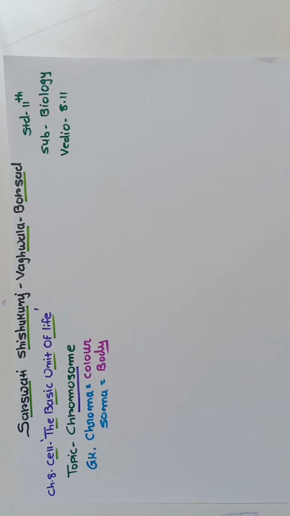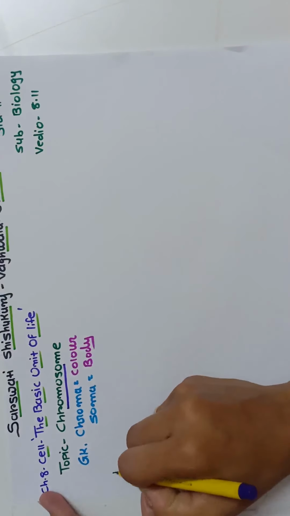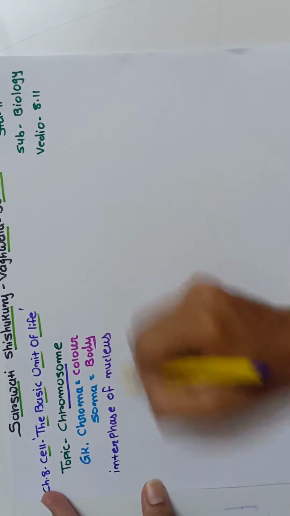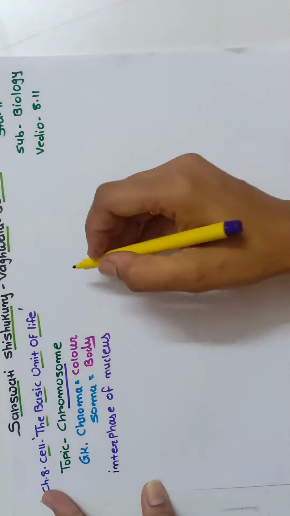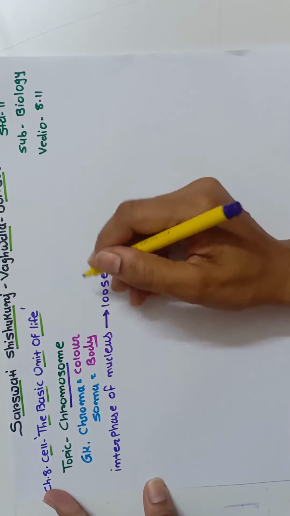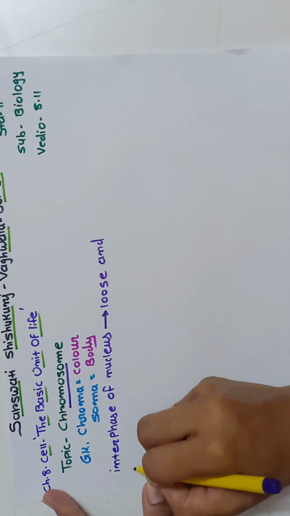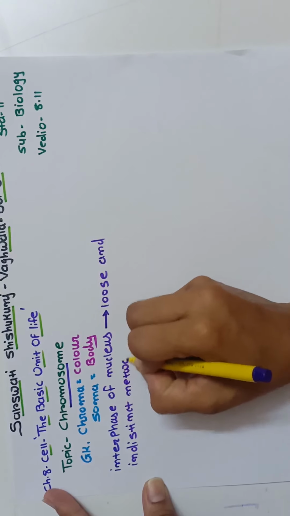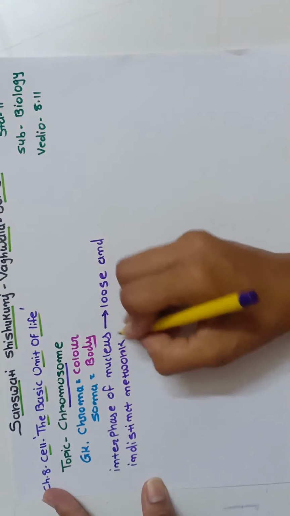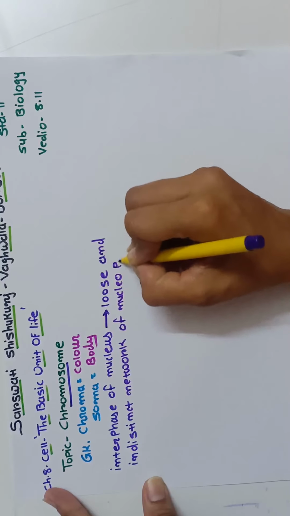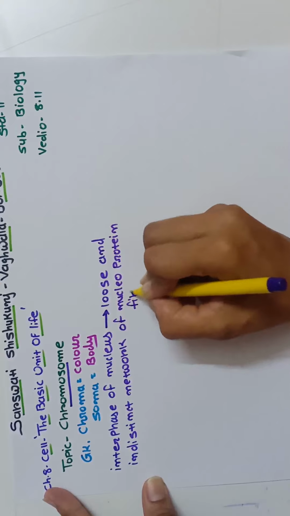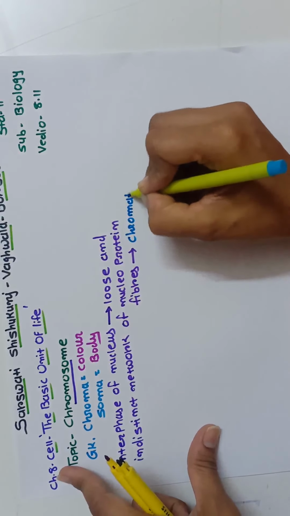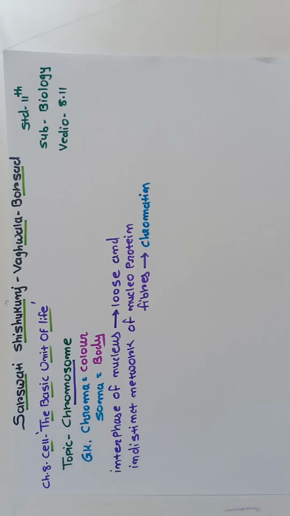In the interphase of the nucleus, there is a loose and indistinct network of nucleoprotein fibers, and it is known as chromatin, which was already discussed in our previous video.